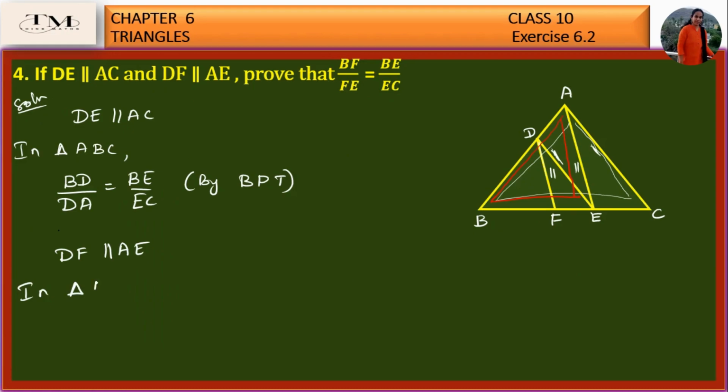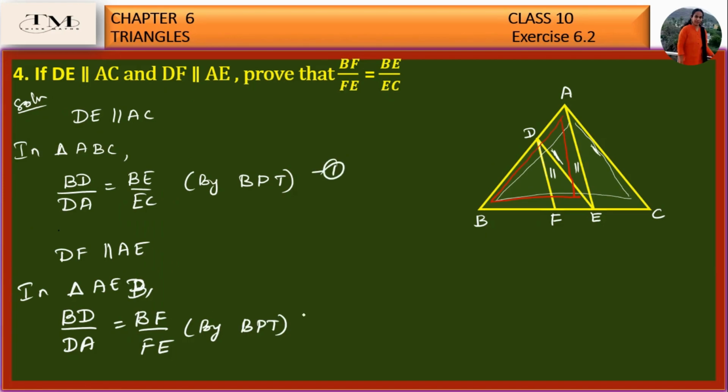In triangle AEB, by the basic proportionality theorem, we have BD by DA equal to BF by FE. This is by BPT. So let us keep this as 1 and this as 2.